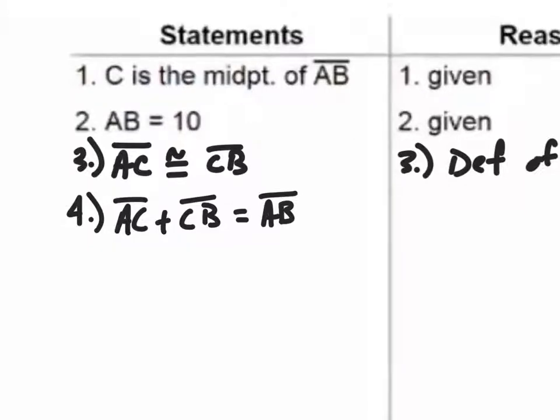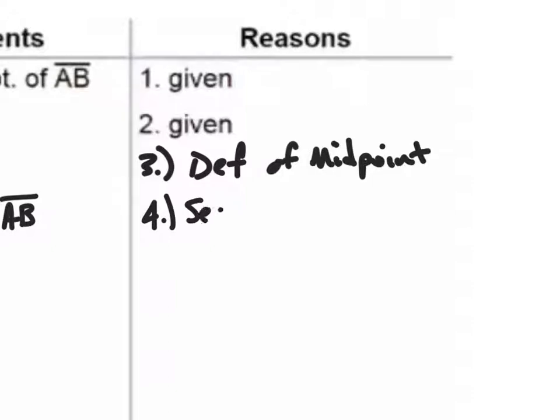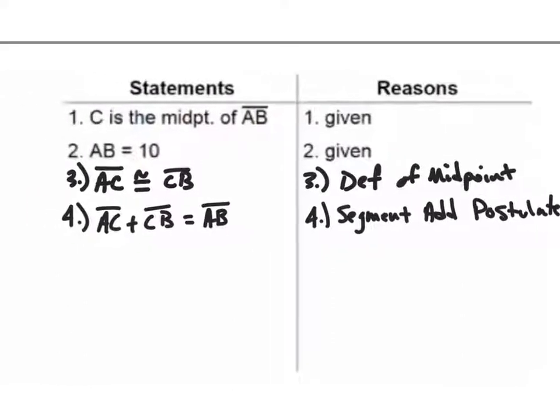Add two small segments together to get the big segment. What do we call that? The addition of segments. Segment addition postulate. Okay, so let's write that down. That's the segment addition postulate.